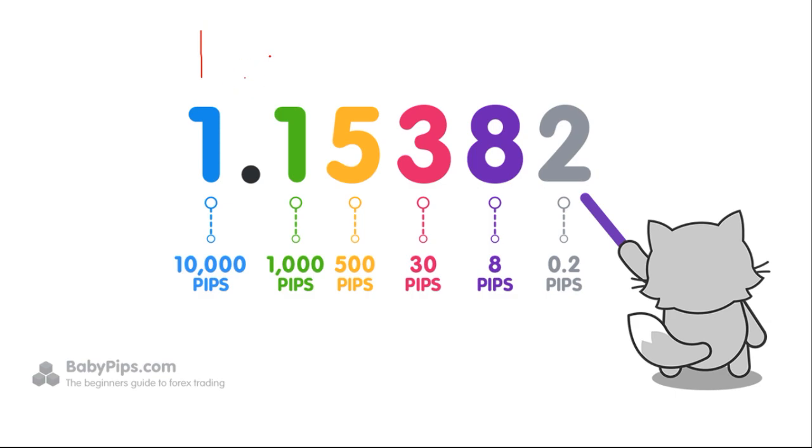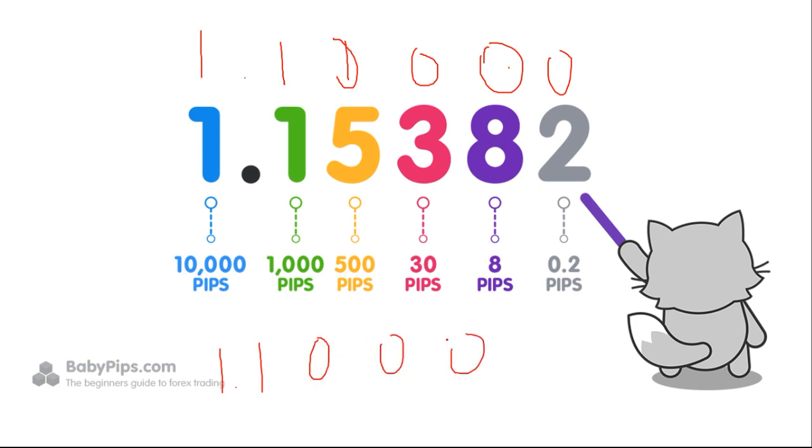Assuming you had 1.11000. Now this is our pip value, right? So will you say our pip value is 0? No. So if you go further, still 0. If you go further, then you finally have 1, right? So let's say you're expecting that price will go from 1.1000, right?